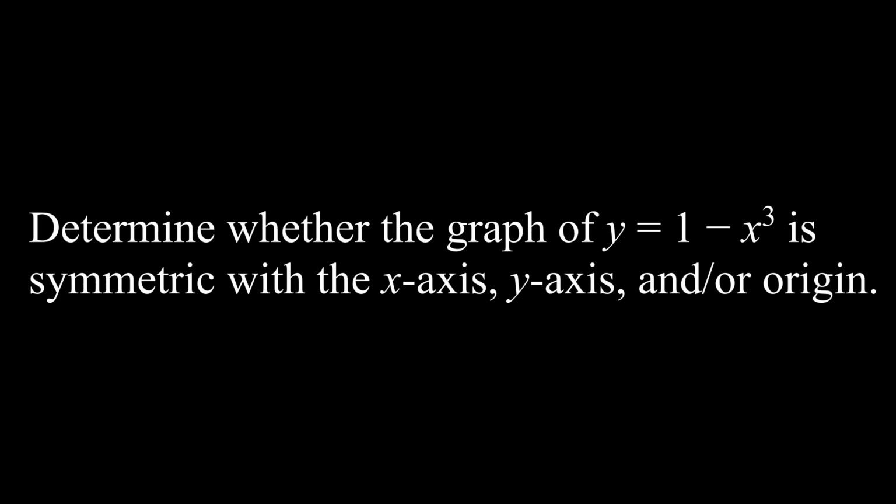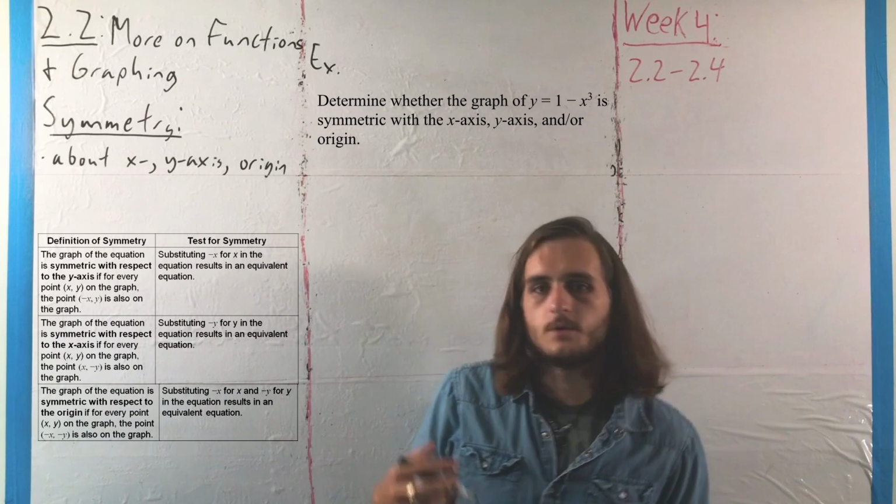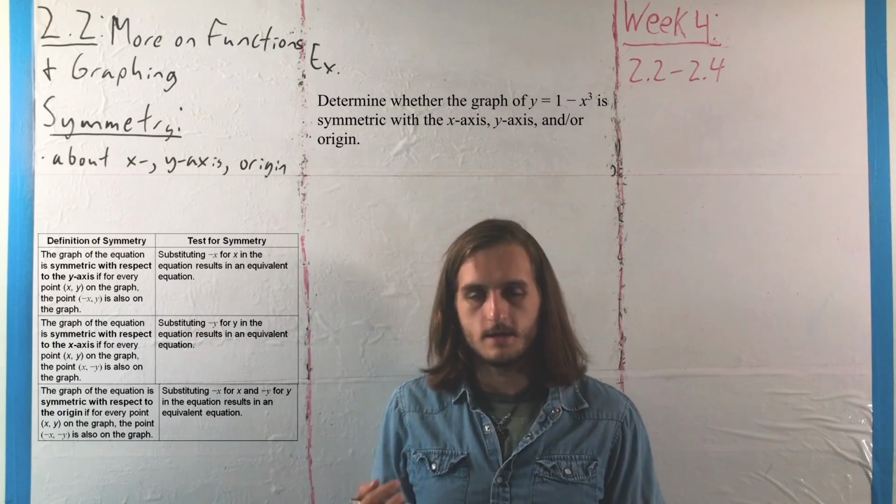So for this example, we want to determine whether the graph of y equals 1 minus x cubed has symmetry with the x-axis, y-axis, and/or the origin. So for this, we're just going to check each of our cases.